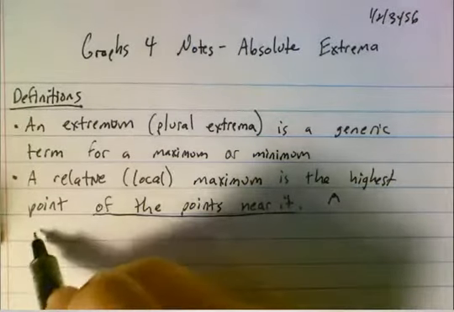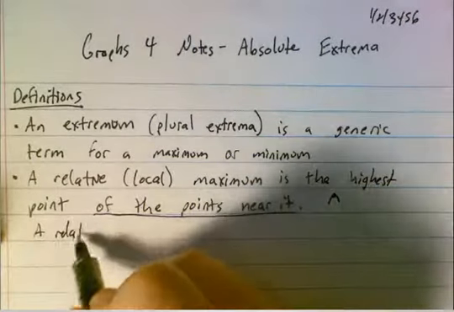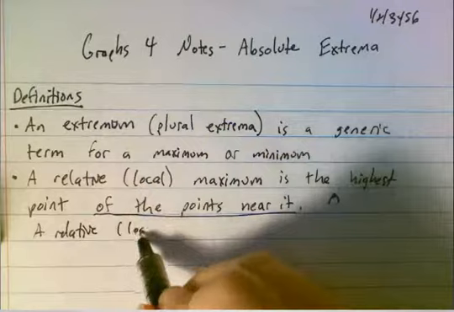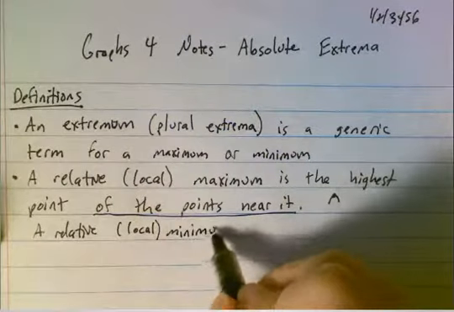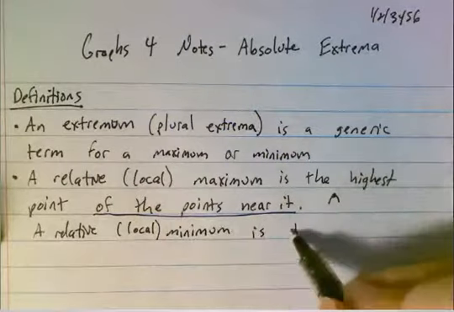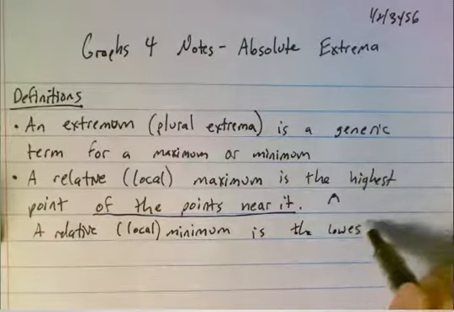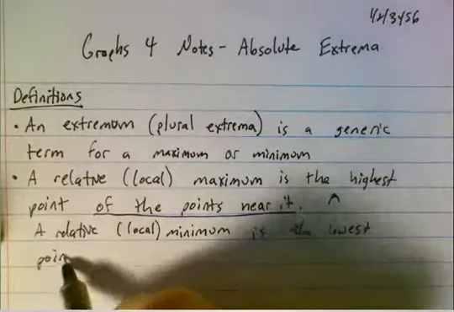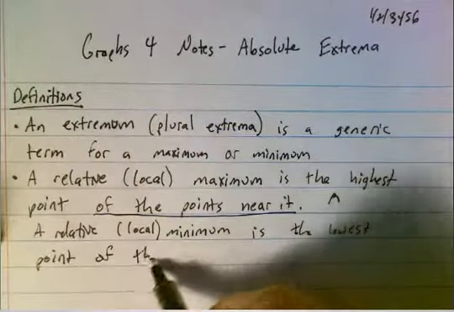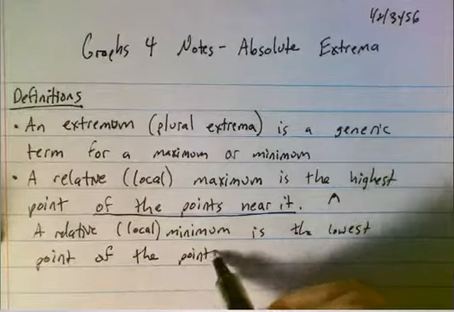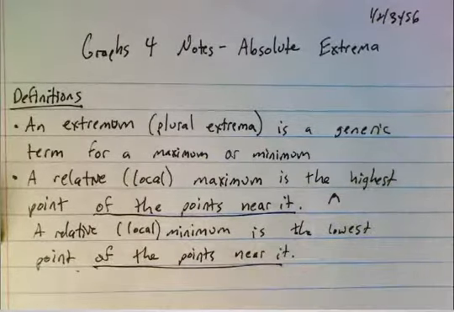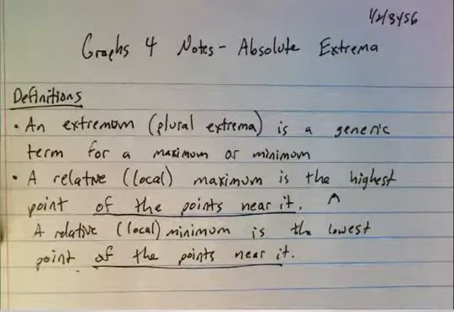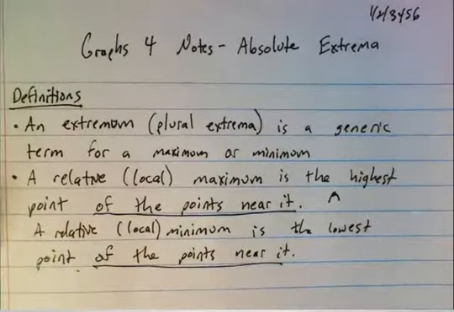Likewise, a relative or local minimum is the lowest point of the points near it. However, there is a different type of maximum and minimum.